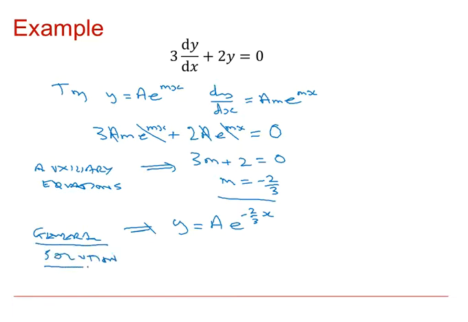And we've found that general solution without using separation of variables or integration. Quite a nice thing for you to try now is to take this solution, find dy/dx and substitute y and dy/dx back into the differential equation to verify that it is a valid solution and that everything adds up to 0.